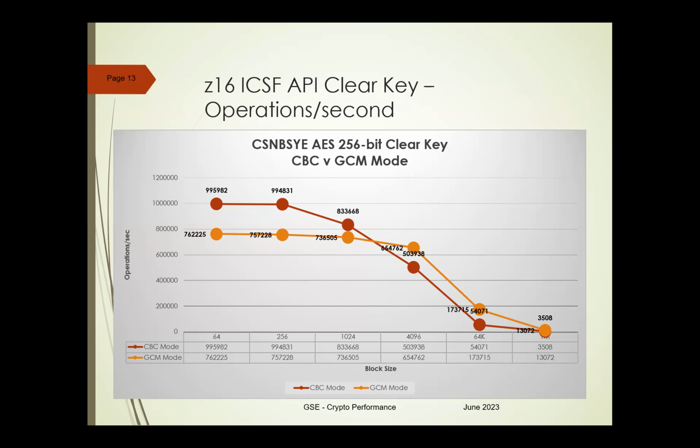So as you would imagine, because of ICSF being involved, the numbers aren't quite as high as using the native instructions, but you have the advantage of a much more portable operation. You're using the API. And you can use this.